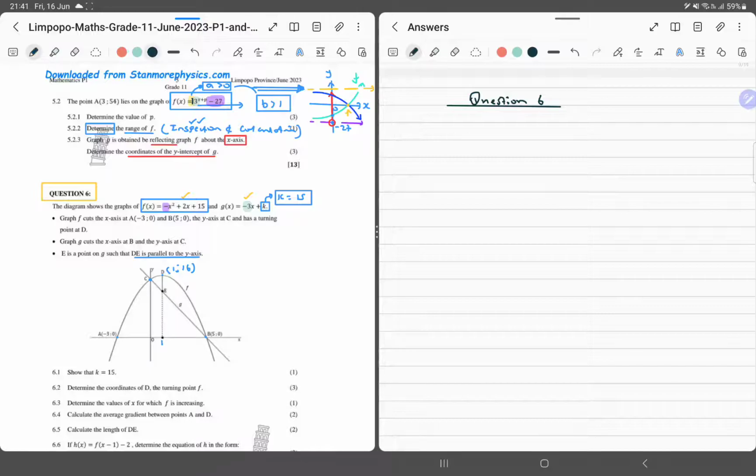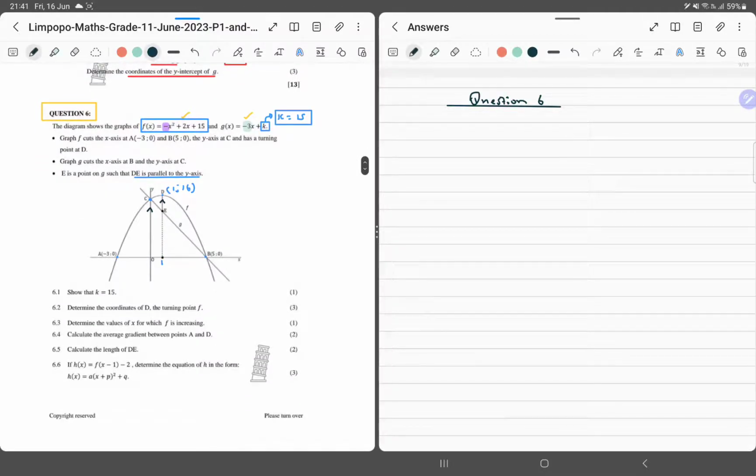The significance of that statement is that it simply says the x-coordinate at E is 1, as you can see. Then we may have to find the y-coordinate. That is something we can consider for later. Okay, now that we have all things in order, let's start answering.